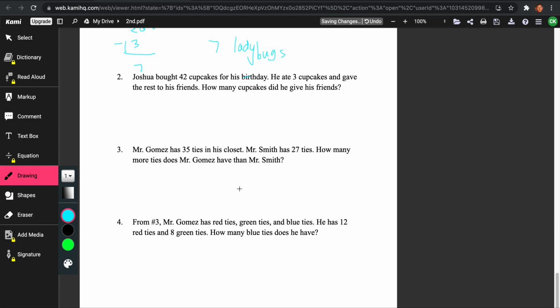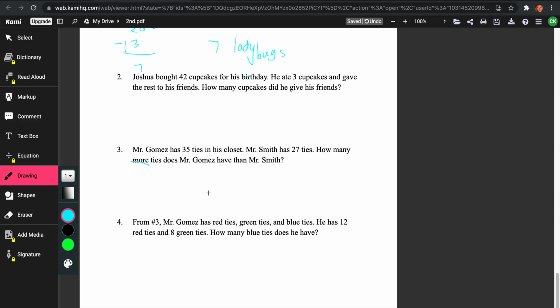Let's do number 3 now. Mr. Gomez has 35 ties in his closet, and Mr. Smith has 27 ties. How many more ties does Mr. Gomez have than Mr. Smith? Again, it's more, so we're going to have to subtract.